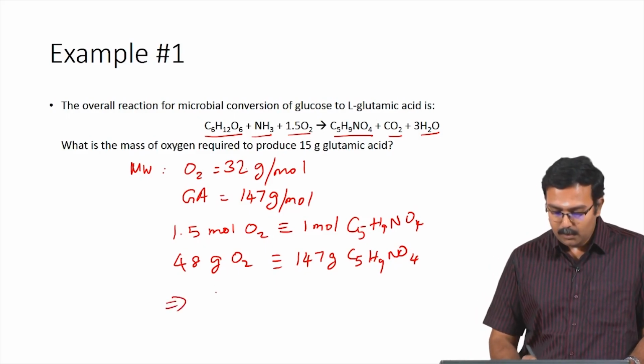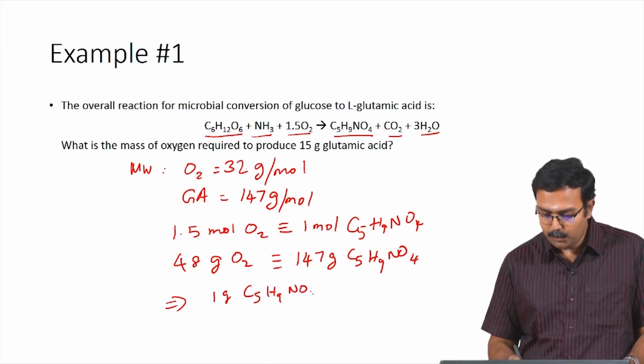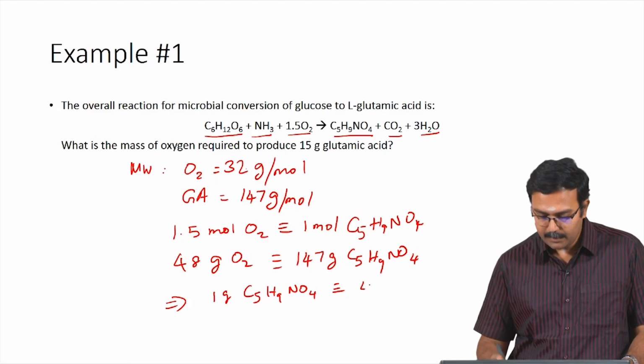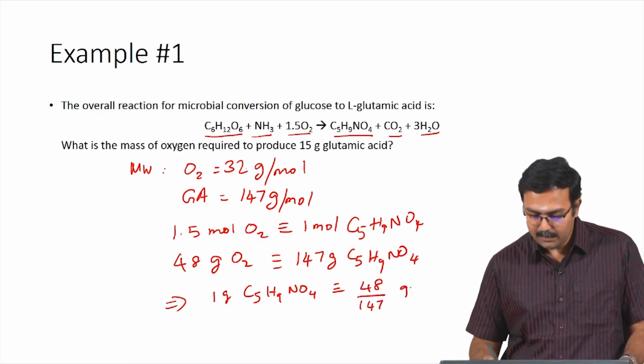This implies, 1 gram of glutamic acid is produced by 48 by 147 grams of oxygen.